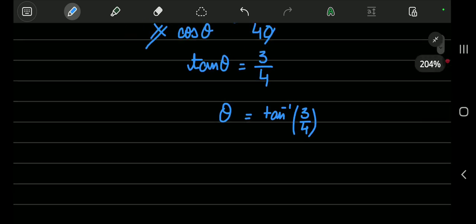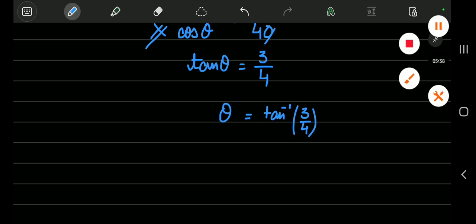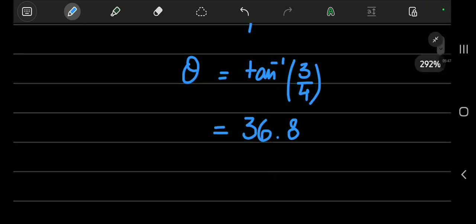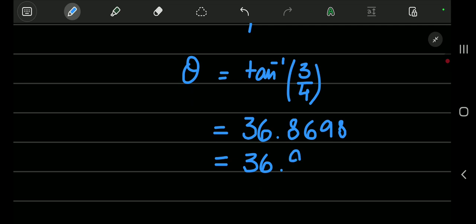So the value of theta will be 36.8698, or we will take the angle to be 36.9 degrees.